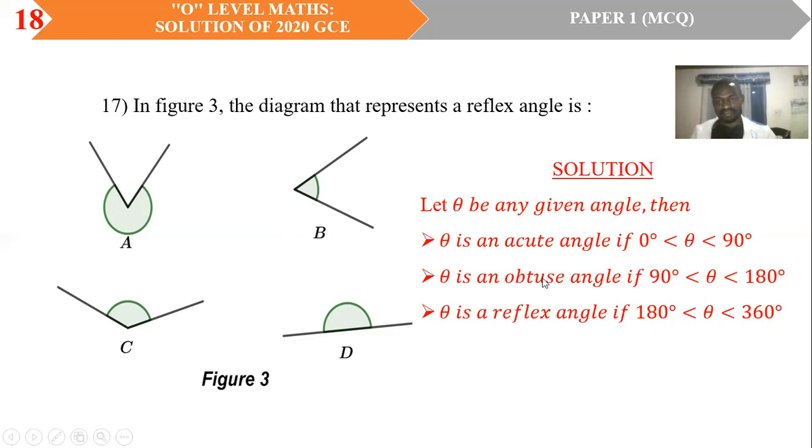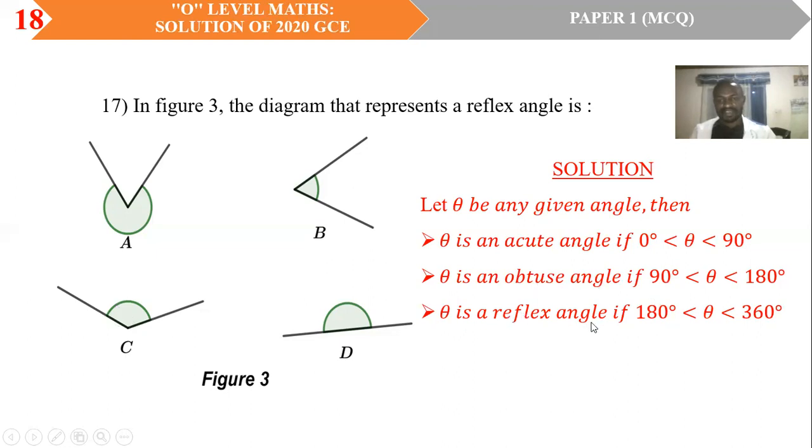Theta is an obtuse angle if theta lies between 90 and 180. Any angle greater than 90 degrees and less than 180 is represented by C.